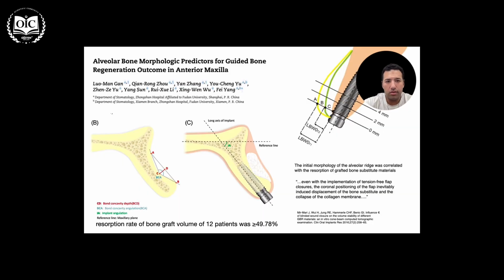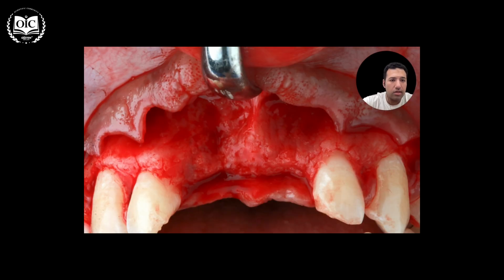The third thing in this section, planning the supracrestal complex, is the alveolar bone morphology. When we have a bone defect, like this one for example, and we are hesitant about what type of bone graft should be placed here: 50% allograft and 50% xenograft, or 100% xenograft, or a rigid membrane or soft membrane.